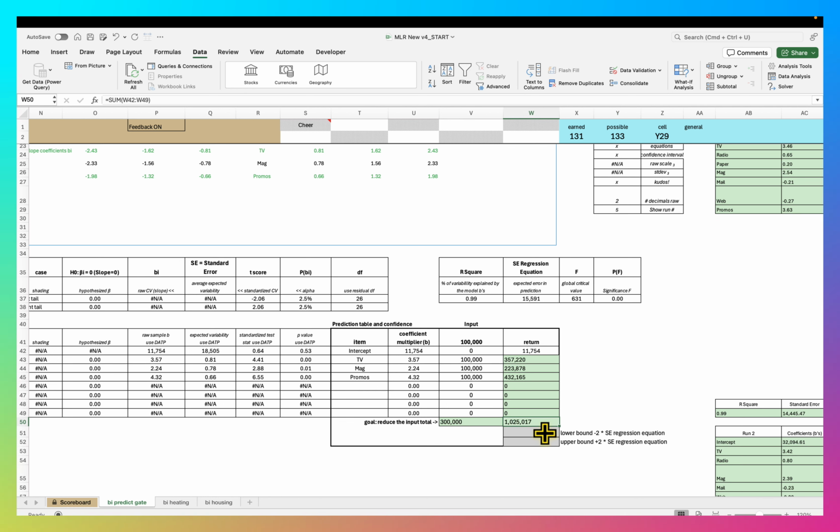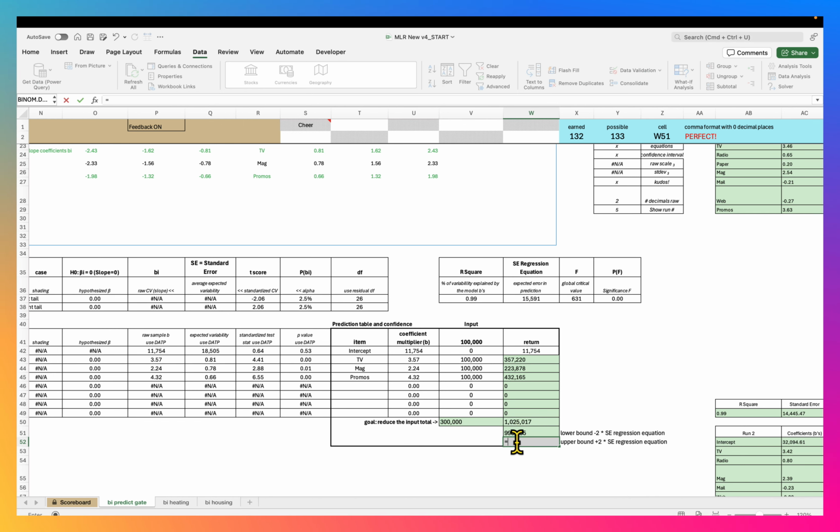It has boundaries. It has a lower bound and an upper bound. So what we do is we take that number and we subtract from it 2 times the standard error regression. You're probably wondering why we kept doing that standard error regression every time. That's that number. That's this one that's just kind of been copied up here from the last round.